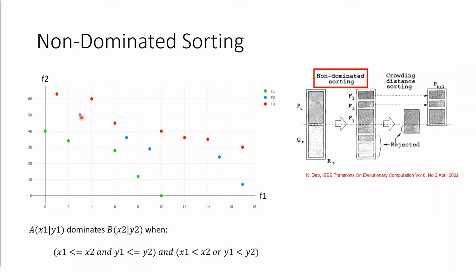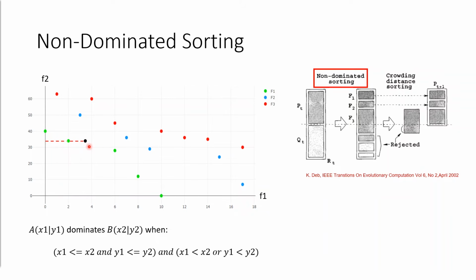On the other hand, if I would have a point over here, which is on the same level as the green point on the F2 level, still if I would compare them, to see if the left point dominates the right point, I could do the same.